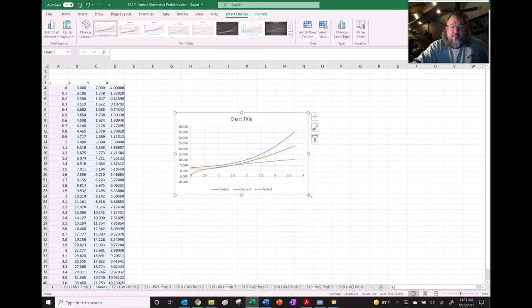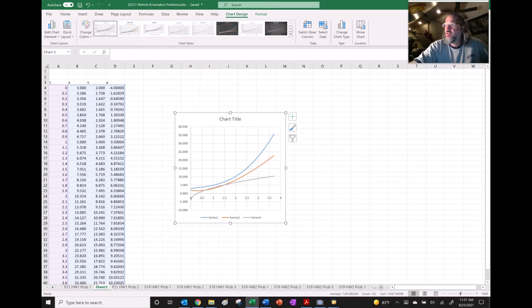You get a better sense for the big picture of these things. So you can see, okay, here's where it is at 3 seconds, but you can see that there are no inflection points. And we can also see that we probably should have chosen finer or smaller time increments right here.